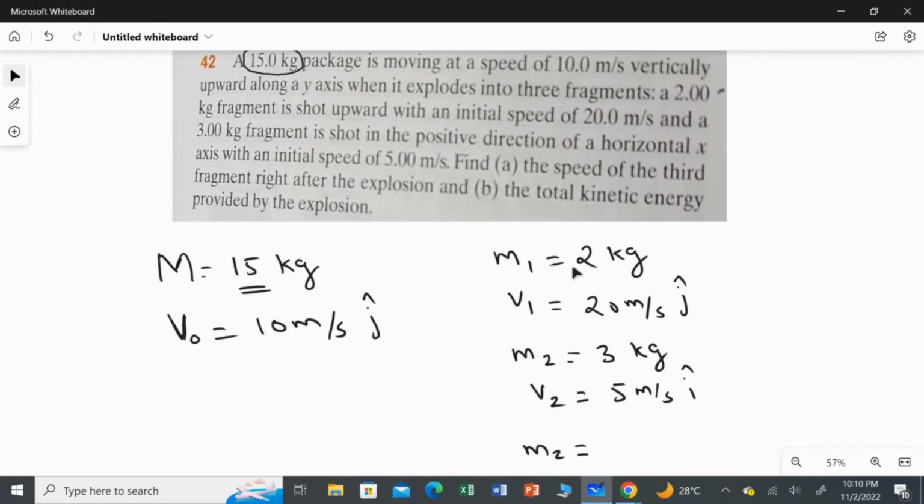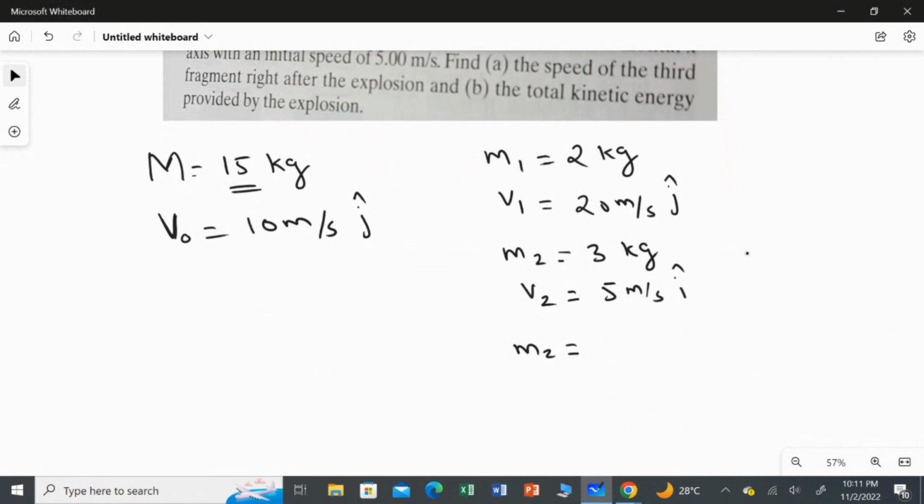So 2 is the first piece and 3 is the second piece, that means totally 5 kilograms. So what is remaining? The remaining is 10 kilogram, and that is nothing but the mass of the third object.